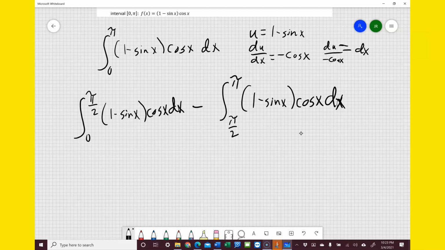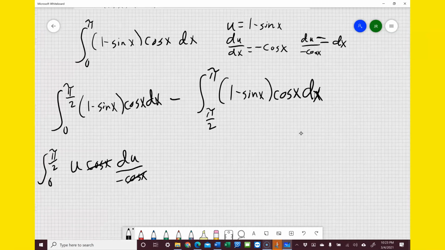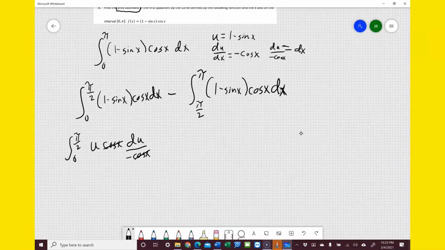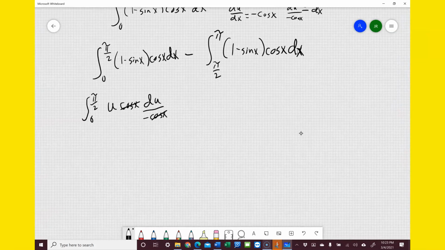Now, that means this integral is going to become the integral from 0 to pi over 2 of u cosine x du over negative cosine x, so that the cosines cancel. And so this is going to become the integral from 0 to pi over 2 of u du, and that negative sign that was on that cosine, I'm just going to factor out front.